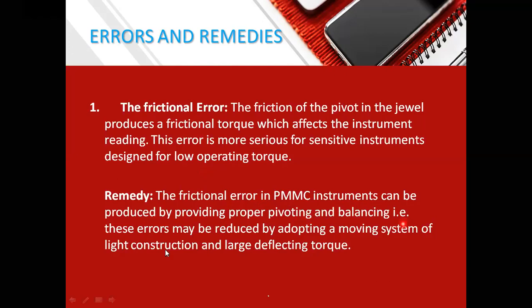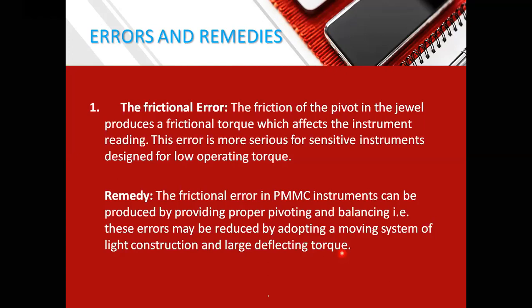That is, these errors may be reduced by adopting a moving system of light construction and large deflecting torques. So we have to reduce the weight of the moving system. To reduce the frictional errors, first thing we have to do is reduce the weight of the moving system. And another one is we have to balance the pivot on the jewel. We have to balance the spindle on the jewel in a proper manner so that the frictional errors are reduced.